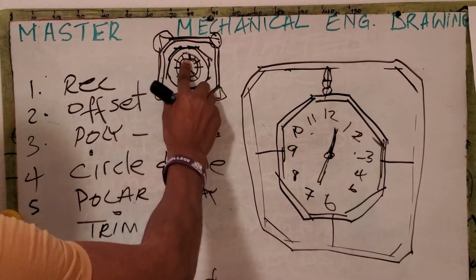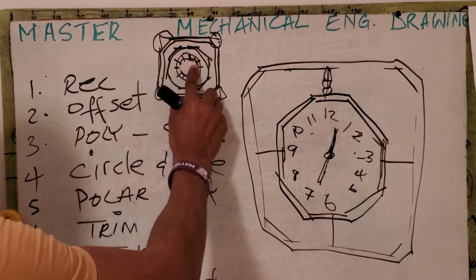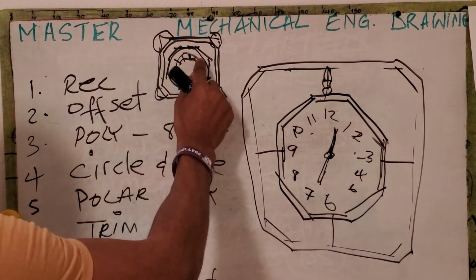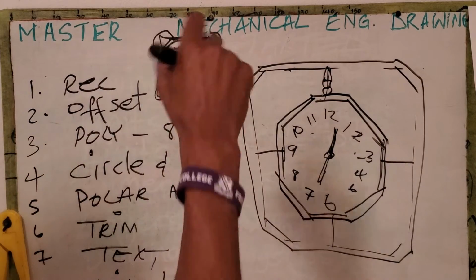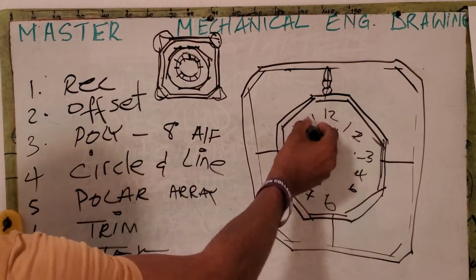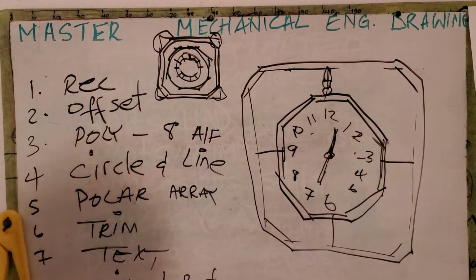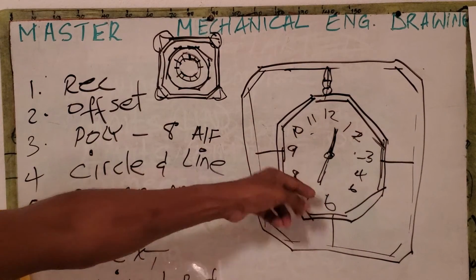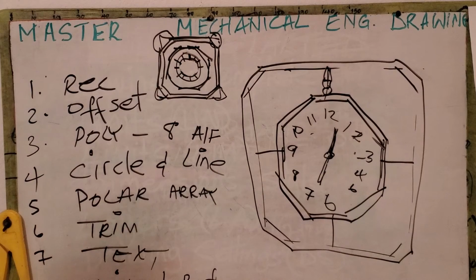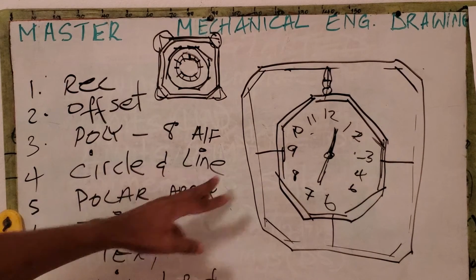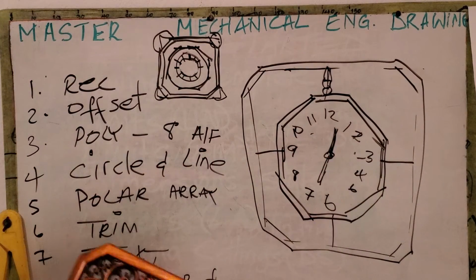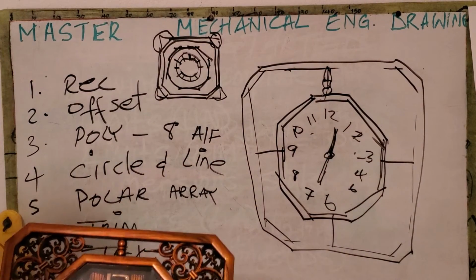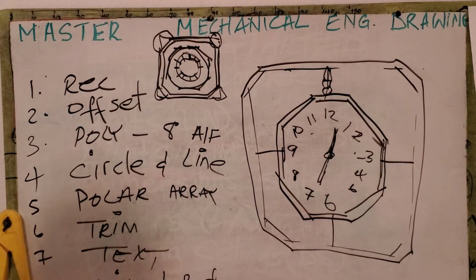Then trim out everything inside here. Then delete both of them to get the circular increments. Then I would use text to add the digits to it: 12, 3, 6, 9.